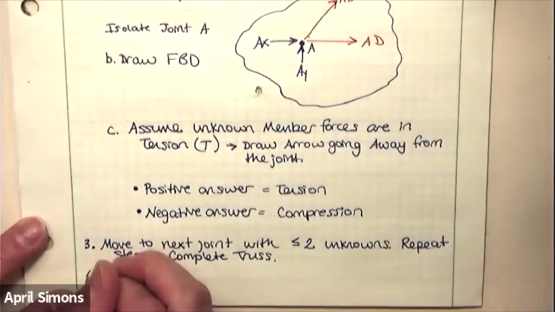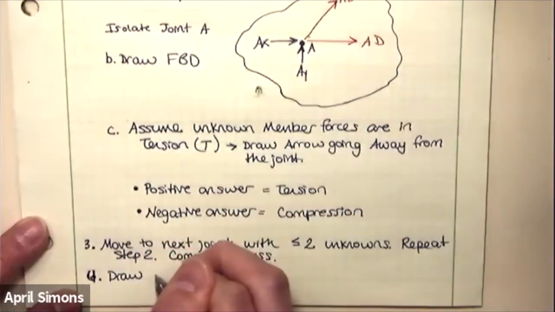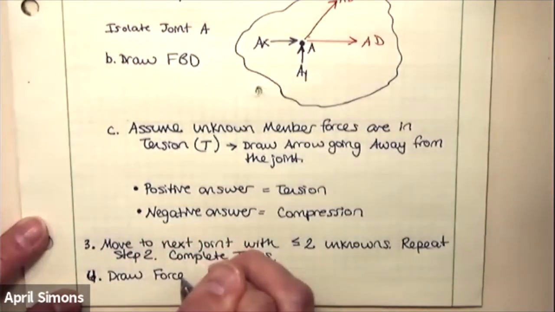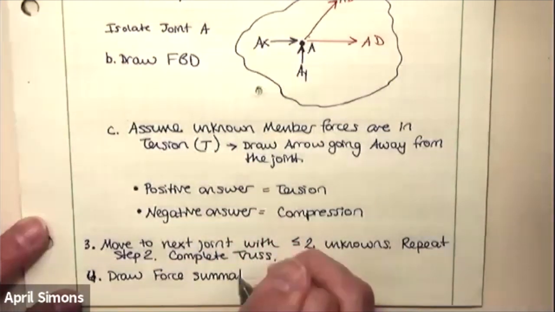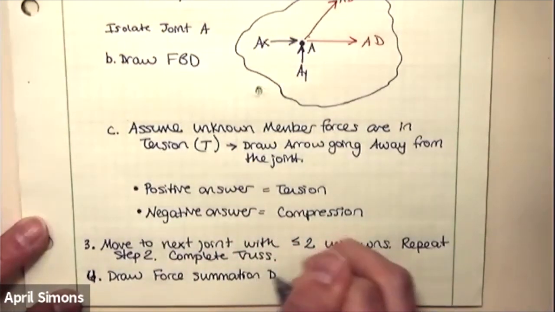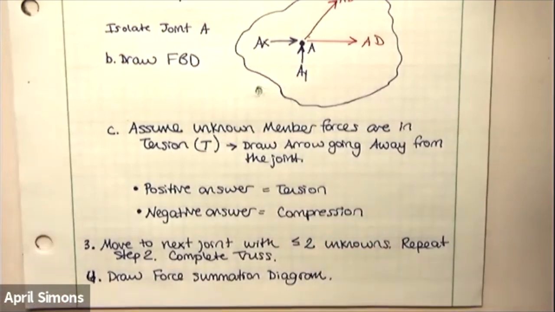And the last thing that we'll do is we're going to draw what we call the force summation diagram. That's basically a free body diagram that shows the forces in it.